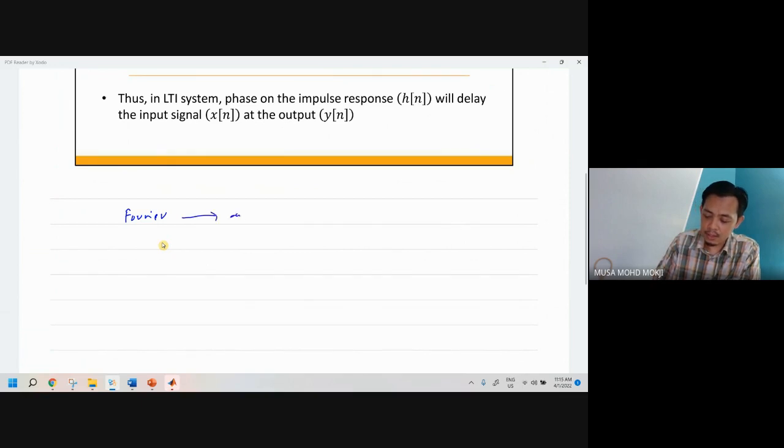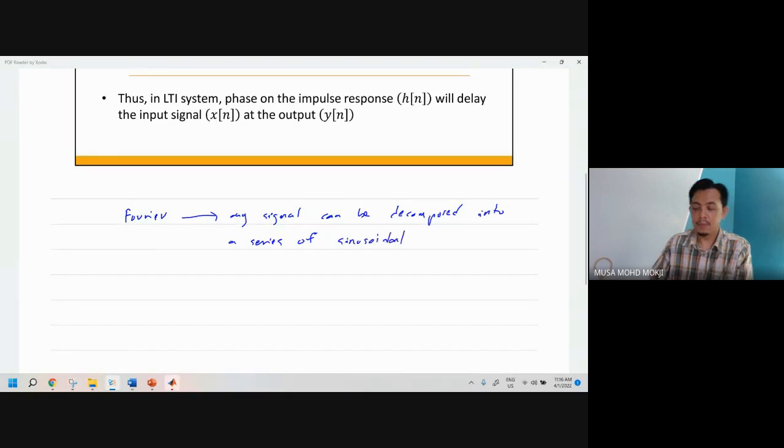Any signal can be decomposed into a series of sinusoidal signals. That's why we look a lot at sinusoidal signals: this is the theory, the concept.